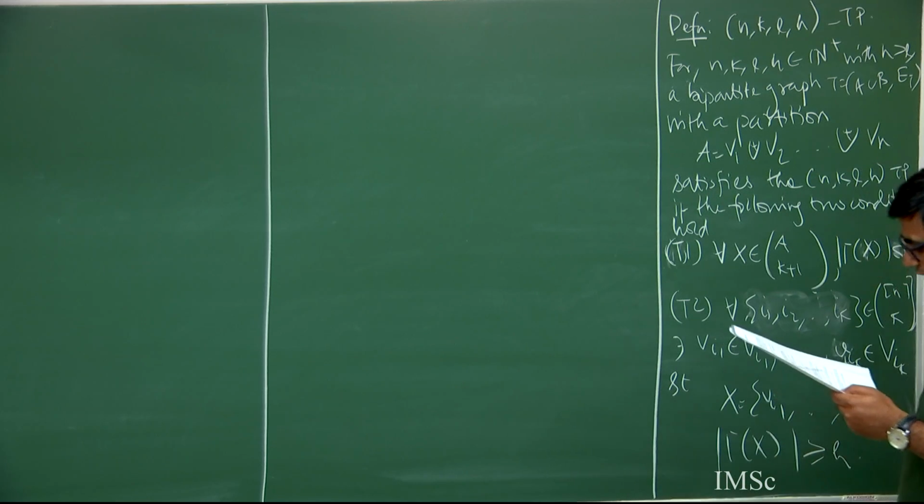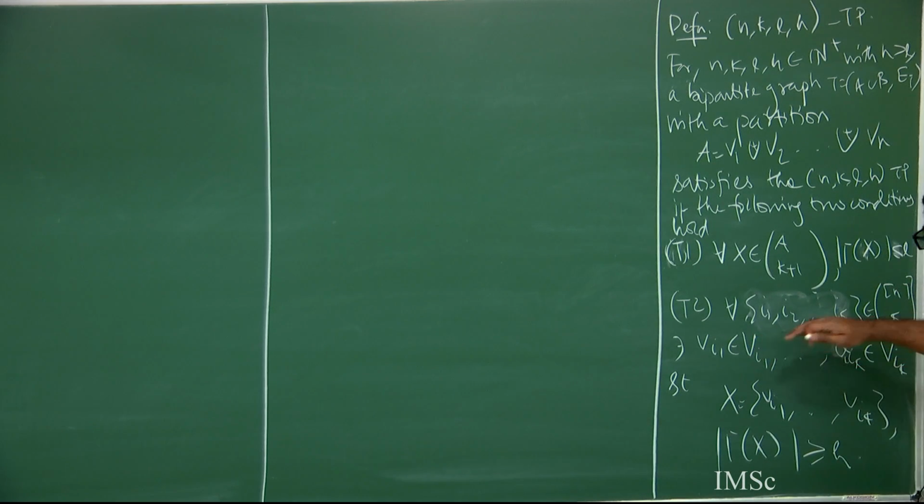So basically, given any k indices, I will be able to find a vertex in each of the parts corresponding to these indices, so that their common neighborhood is at least h.